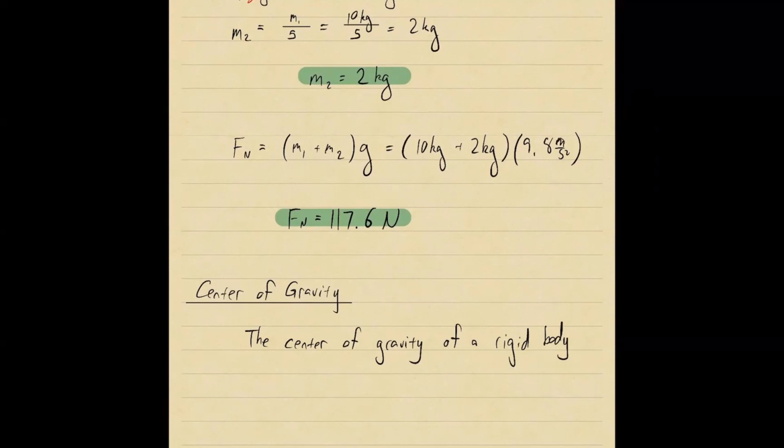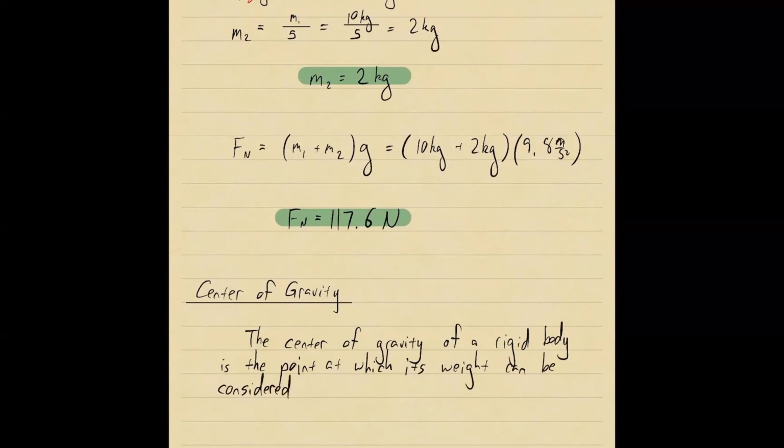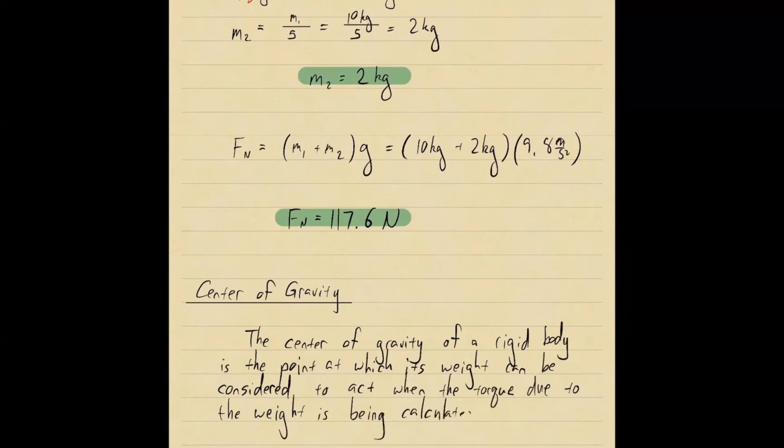So the center of gravity of a rigid body is the point at which its weight can be considered to act when the torque due to the weight is being calculated.